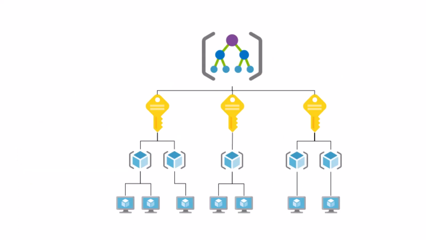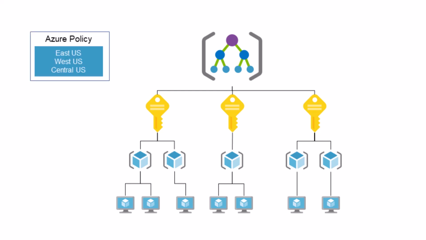Now let's take an example here to highlight how management groups help. Let's say you have a situation where you want to limit the regions that are available for VM deployment. So what you can do is apply policies to a management group that limits the regions available for VM creation.